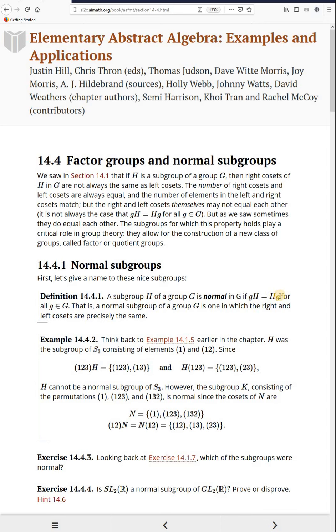Do you see why? It's the same, because H is a subgroup, so H has the identity. So we know that these two have the element g in common, but that doesn't mean they have all elements in common. A subgroup is normal if these left cosets and right cosets have all elements in common.